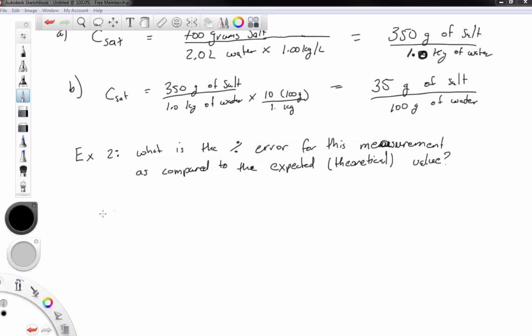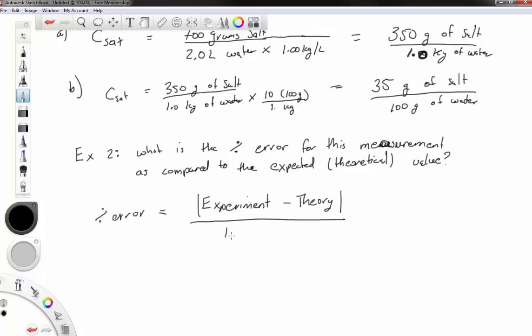So recall that to get the percent error, you basically want to compare the experiment to the theory by subtracting the two from each other, taking an absolute value, and then dividing by, depending on which one you want to compare to which, either the experiment or the theory.